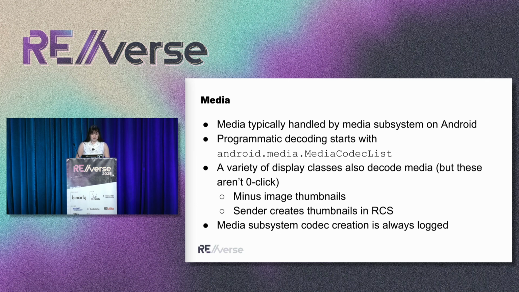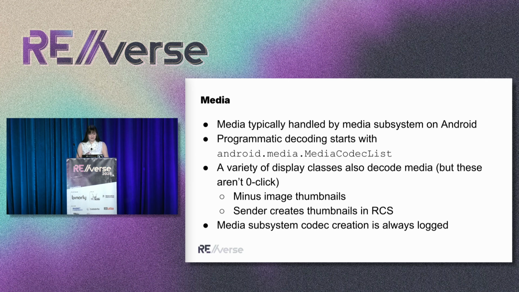And I think an interesting distinction is that there is programmatic decoding, and there's what I describe as visual decoding classes. So visual decoding classes are things where they're in Java or they're in Kotlin, and you use the class to directly display an image or a video or to play an audio.